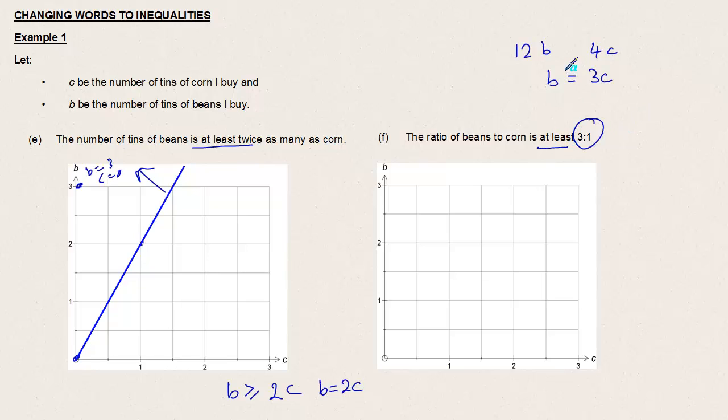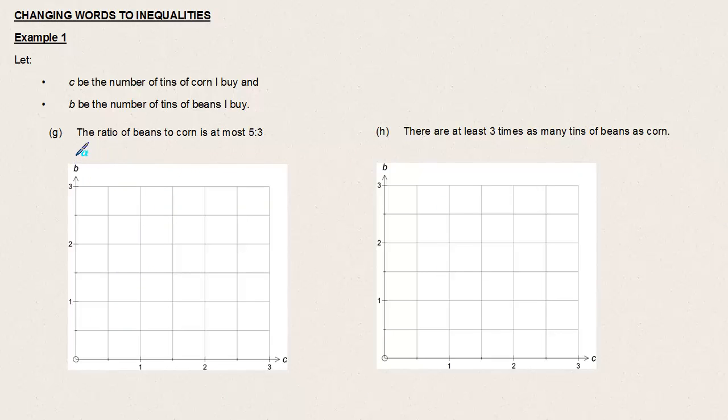It says at least, so we need to change this into a greater than or equal to. But B equals 3C is the boundary. If C is 0, B is 0, then we'd have 1, 3. And by point testing or otherwise, we can figure that we need to be this side of the line.